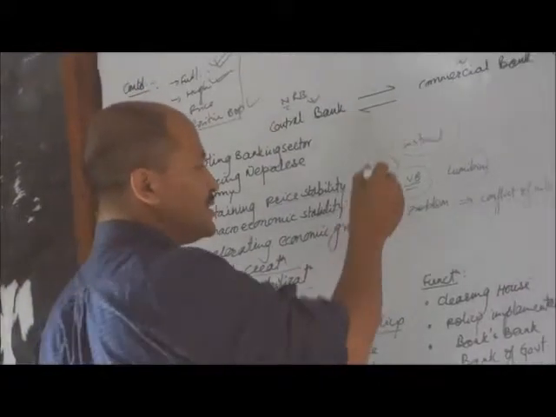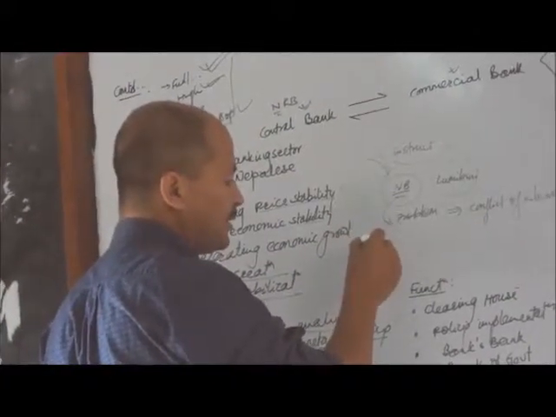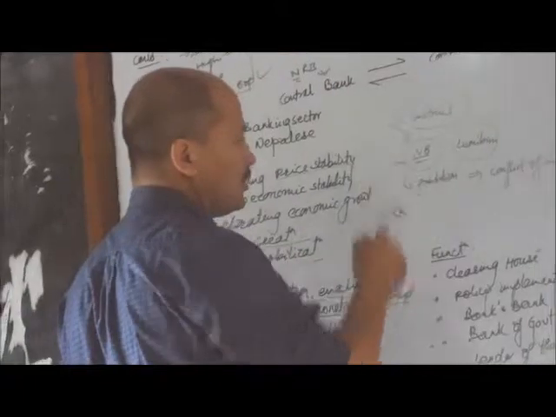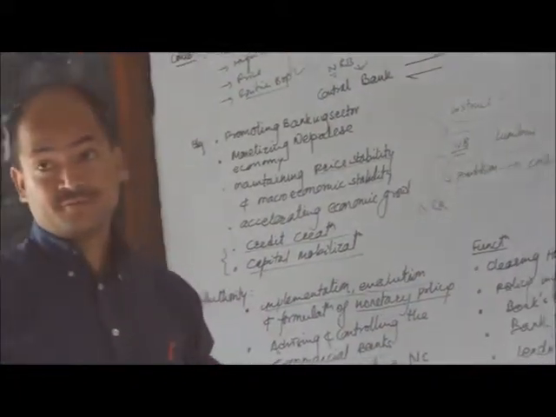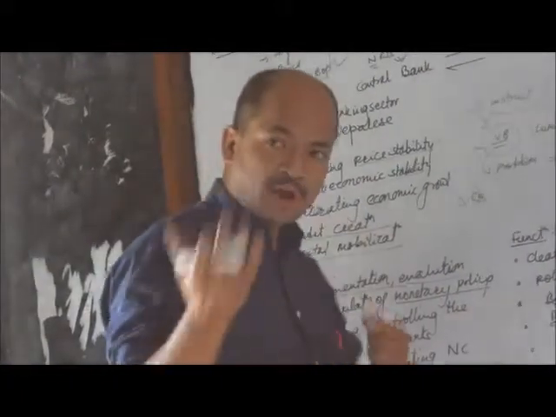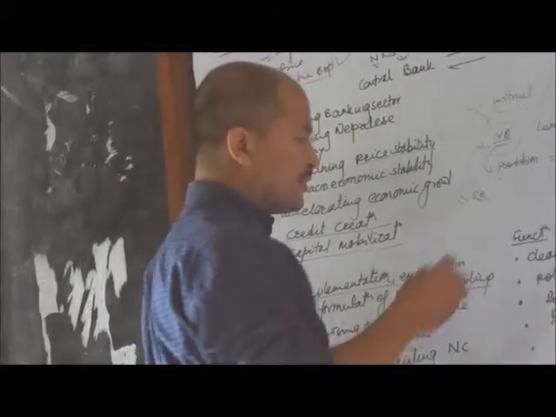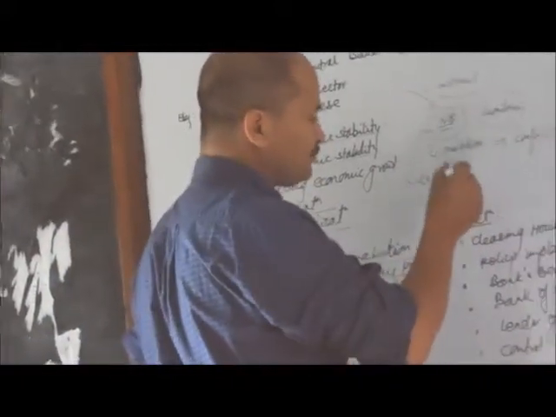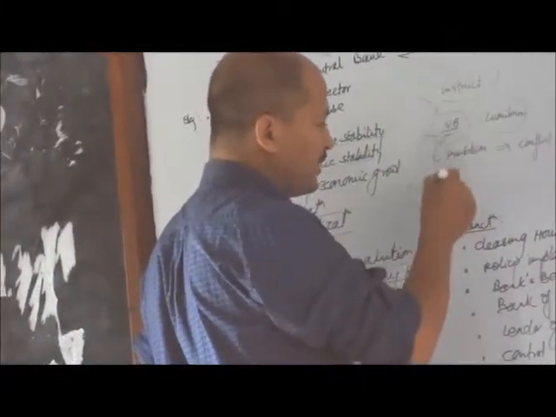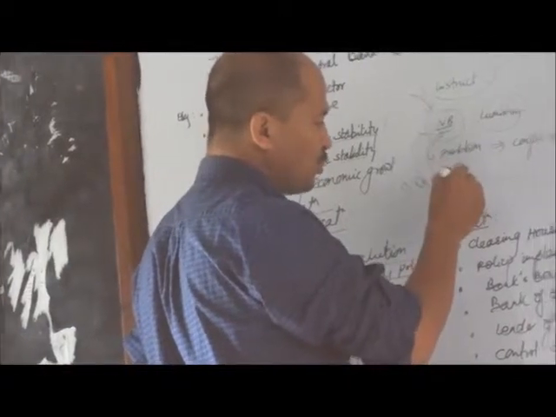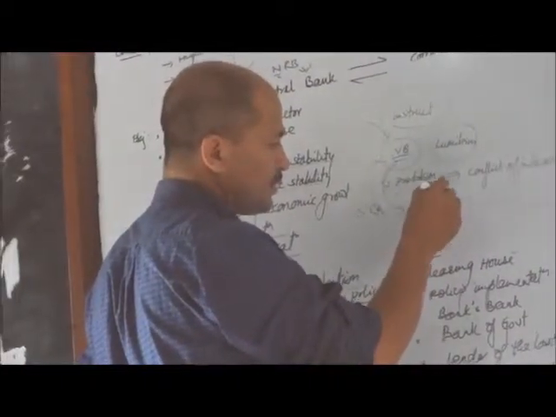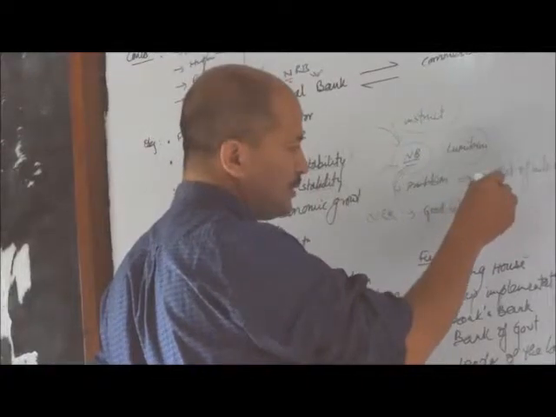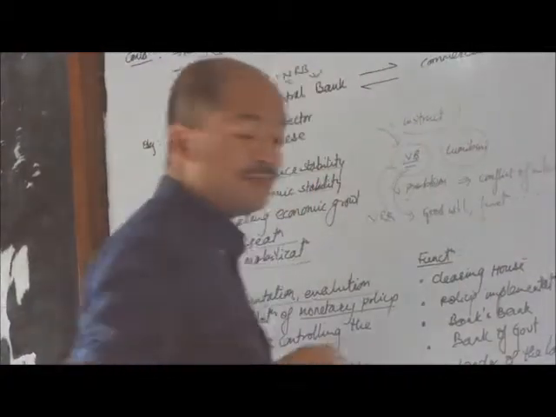What happened? The central bank, NRB, took the management for a certain time period, and after that tried to improve its goodwill, functioning and other different types of activities.